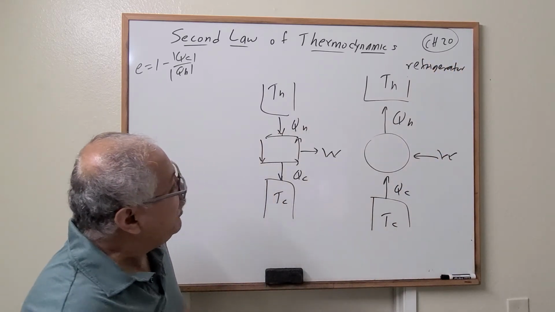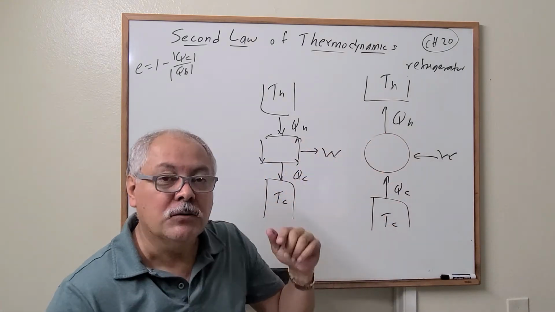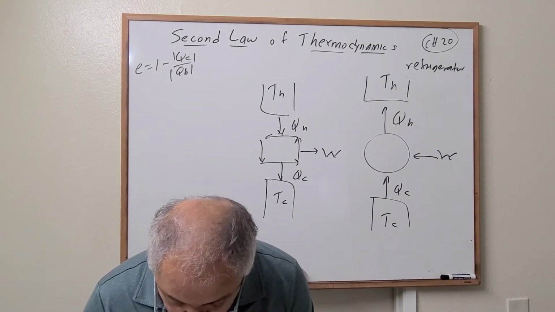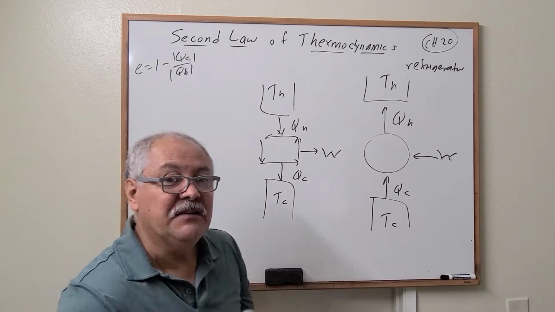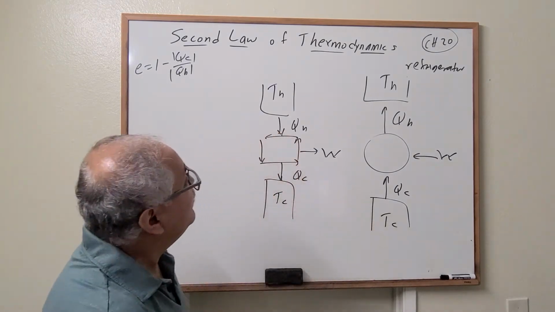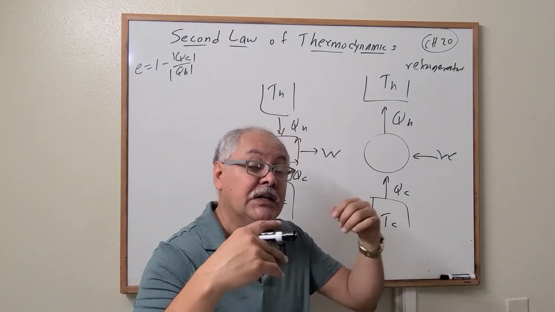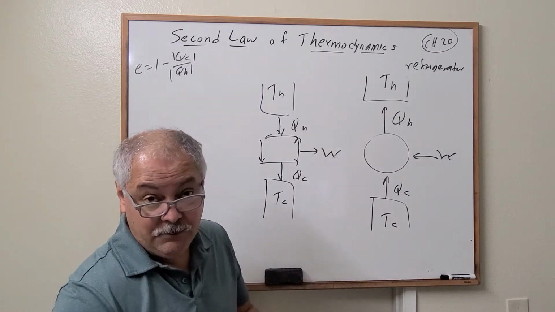Perfect. Now, what should be the efficiency? Actually, the efficiency for a refrigerator is called the coefficient of performance, represented by K in this book. Perfect. Now let's find the coefficient of performance, or efficiency, for a refrigerator and later for a heat pump.